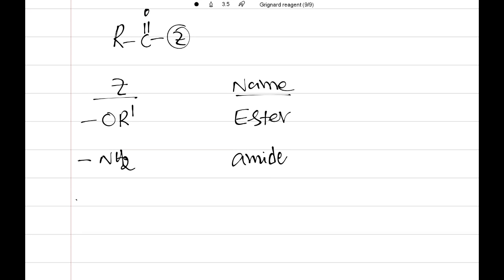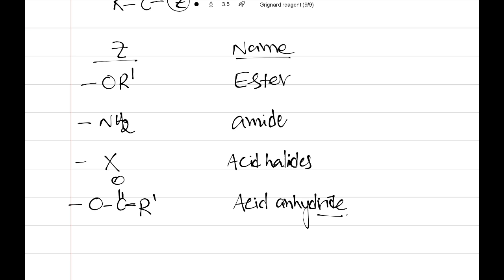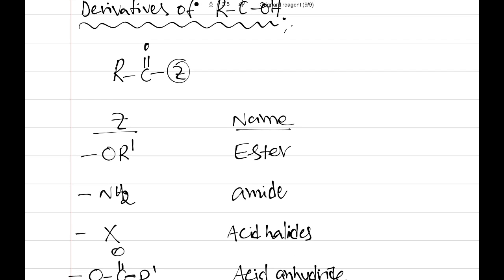If Z is X, nothing but chlorine, bromine, like that, then this is called an acid halide. Next one, if Z is O C double bond O R, then that is called an acid anhydride. So these four are the derivatives of carboxylic acid.